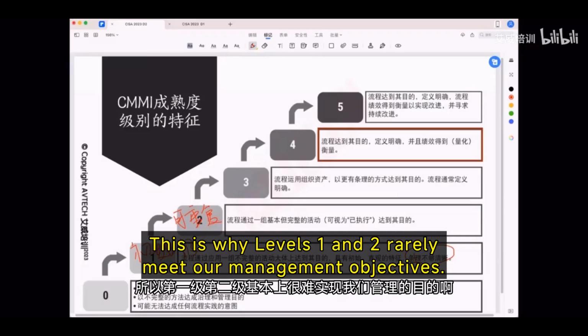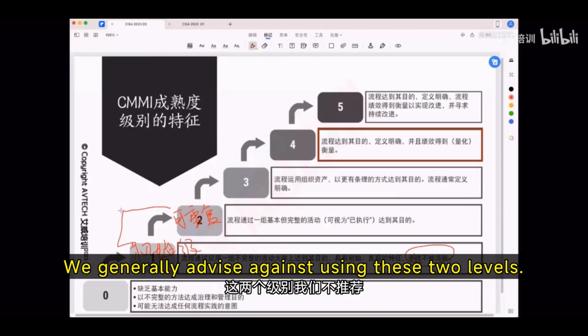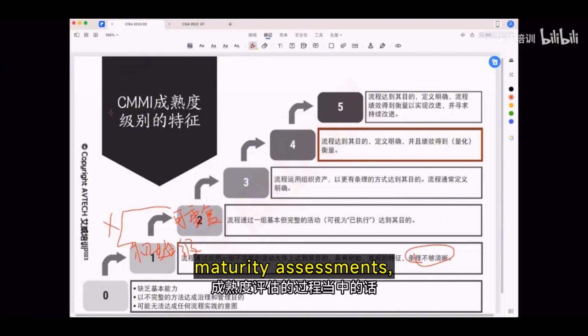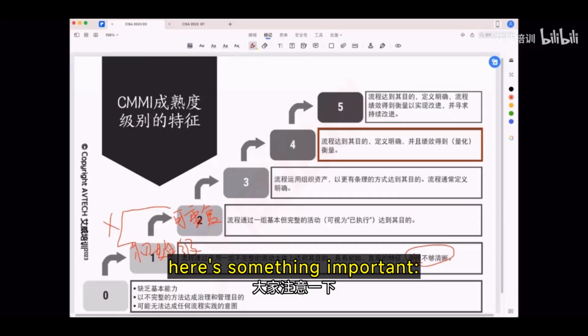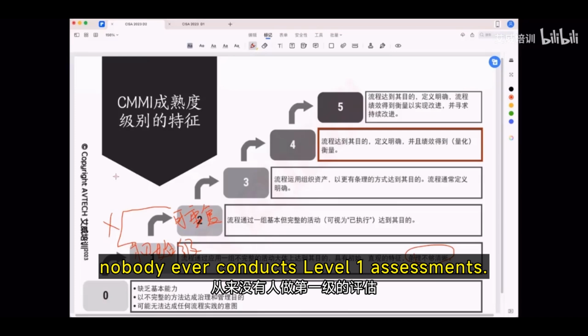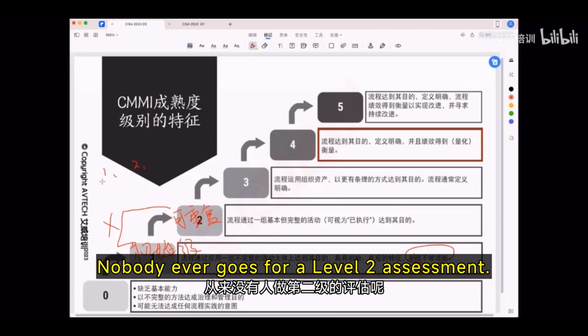This is why levels 1 and 2 rarely meet our management objectives. We generally advise against using these 2 levels when performing maturity assessments. Here's something important: while maturity levels range from 1 to 5, nobody ever conducts level 1 assessments, nobody ever goes for a level 2 assessment.